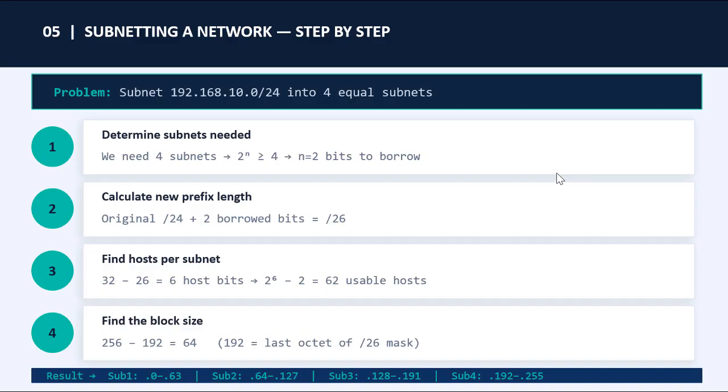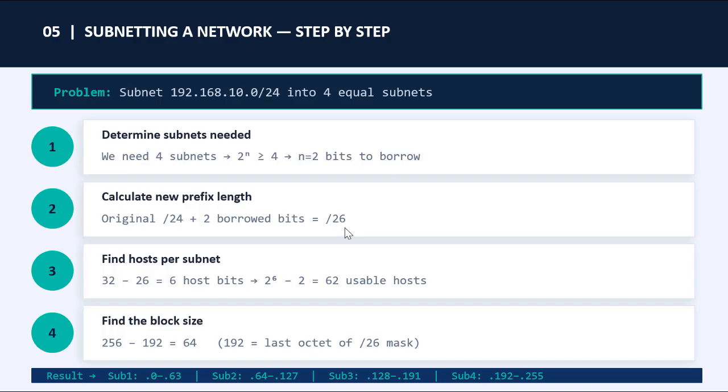So we need to borrow at least 2 bits from the host portion. So n means 2, right? Now we know we have 2 bits to borrow, so the prefix length or subnet mask is 24 plus 2 borrowed bits, which equals 26.